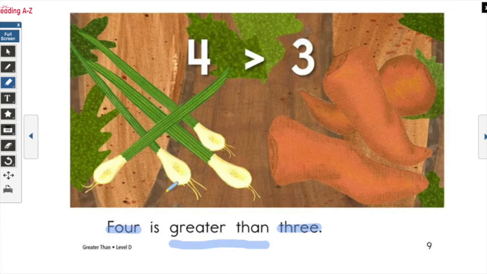There are more onions than there are yams.